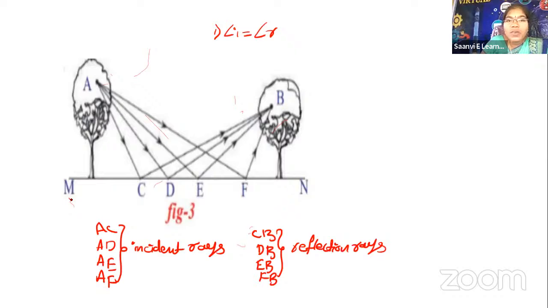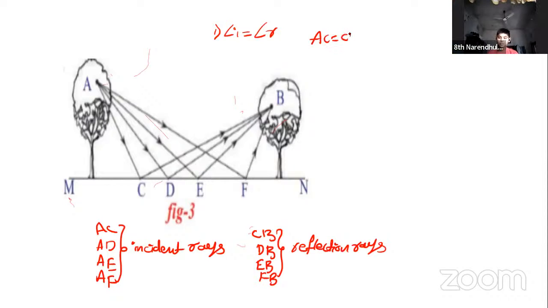So in this, which is angle I equal to angle R? Madam, AC is equal to CB, I think so. Yeah, very good. AC equal to CB.